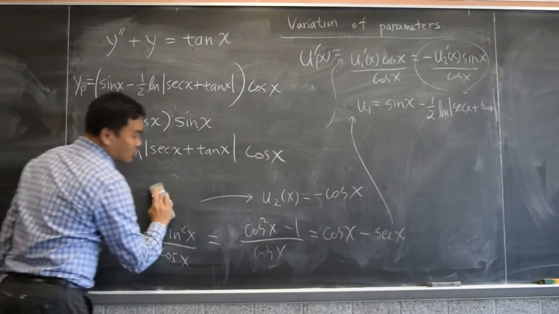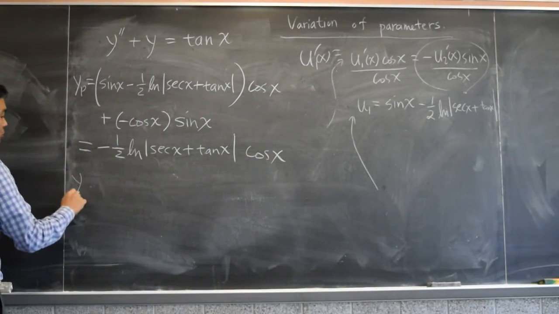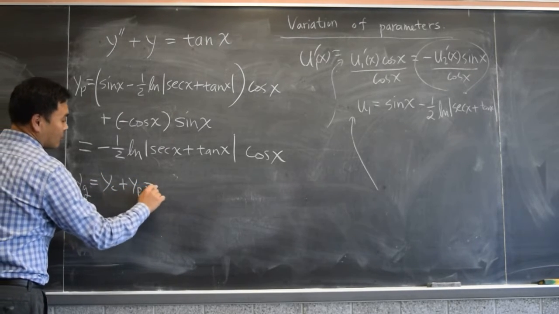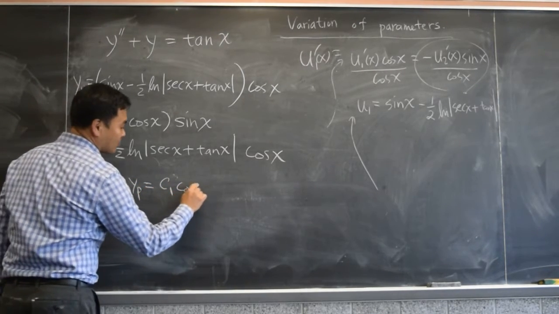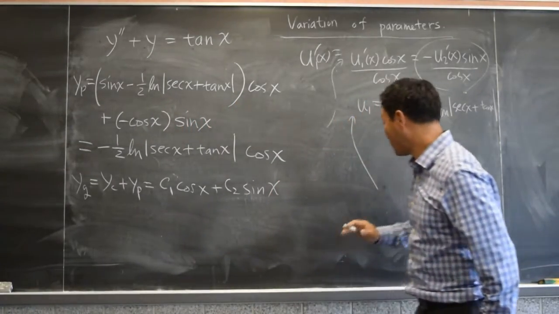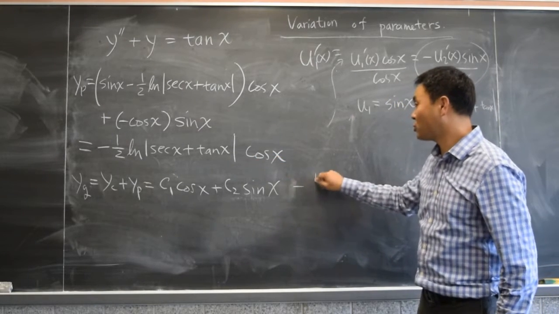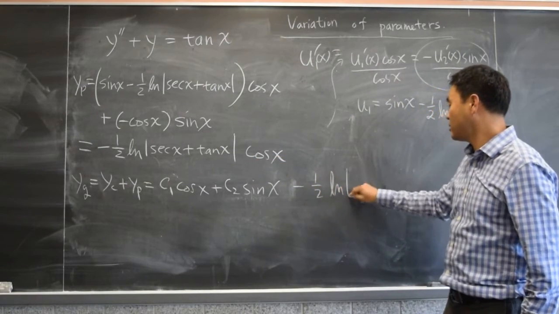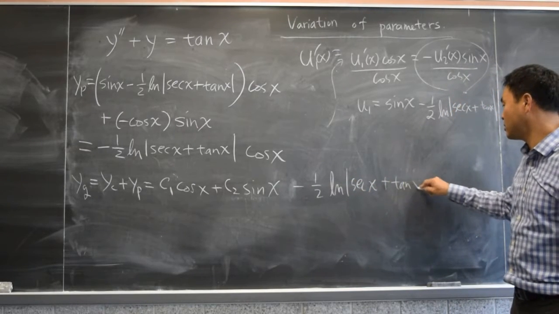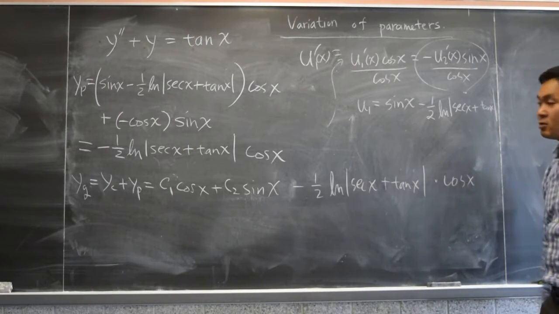And now what's the general solution? YG is YC plus YP, which was C1 cosine x plus C2 sine x. That was YC, right? And then your YP is minus 1/2 ln of secant of x plus tangent of x times cosine x. So that's the final answer.